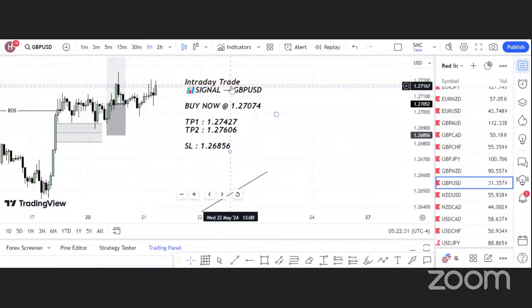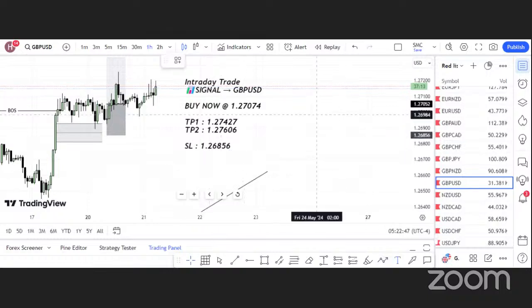We have the intraday signal, we have the scalping signal, and then we also have the swing signal. There are three types of traders actually, and that is why we have different types of signals. We have the intraday trader, the scalping trader, and the swing trader. Let me just write all of them out.